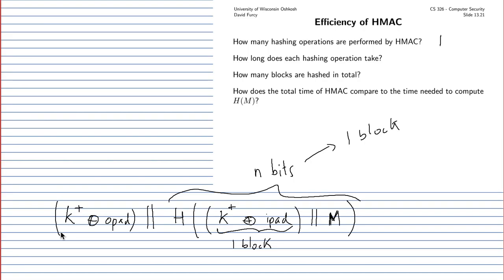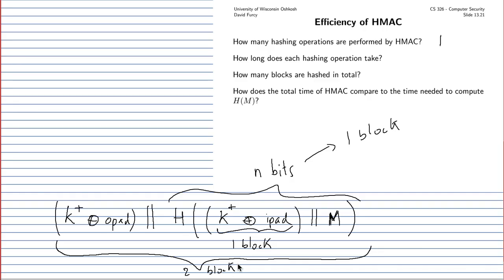So when you take this block that we put in front and whatever the H function returns, we are left with only 2 blocks. These are the 2 blocks that we hash, and this is the second hashing operation in HMAC. So the first answer to how many hashing operations are performed by HMAC is 2. There's 1 here and 1 here.